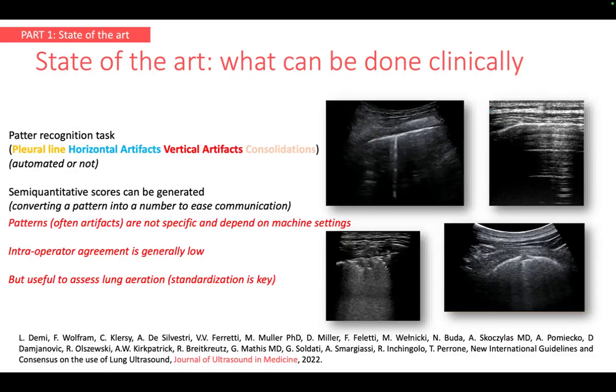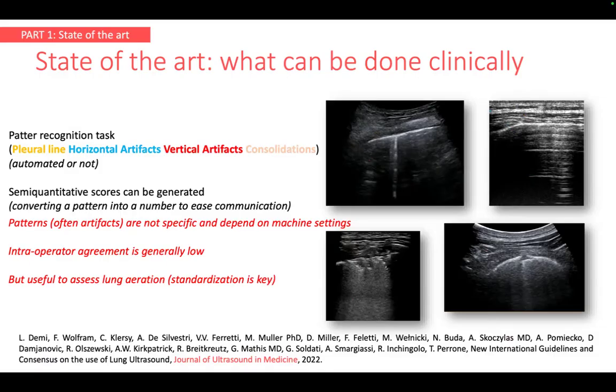So these patterns that are often artifacts are moreover not specific, and their presence and appearance strongly depend on machine settings and probe used. Moreover, the intra-operator agreement is generally low in the identification of these patterns and therefore also in the assignment of the scores.